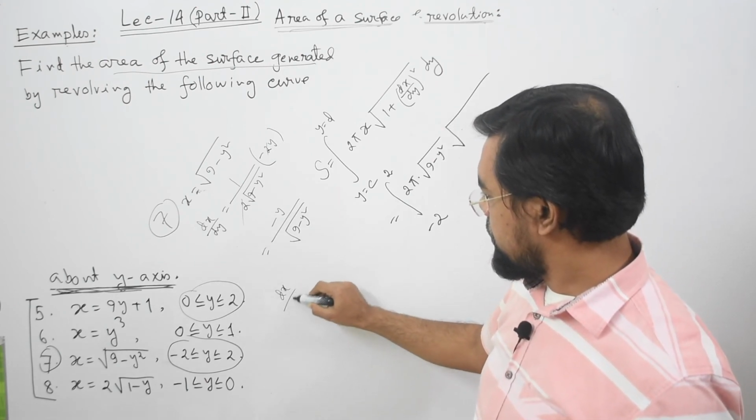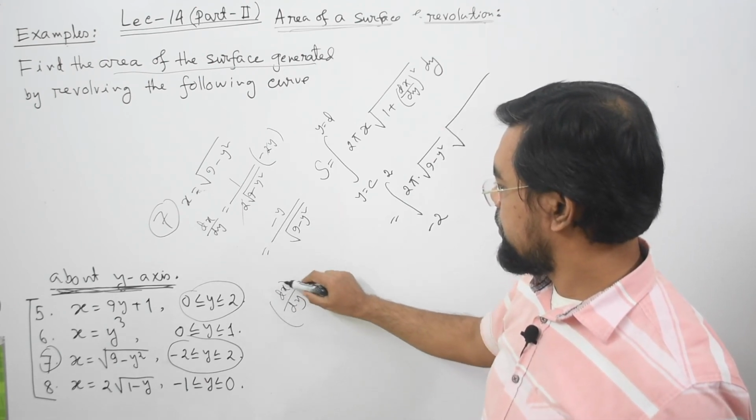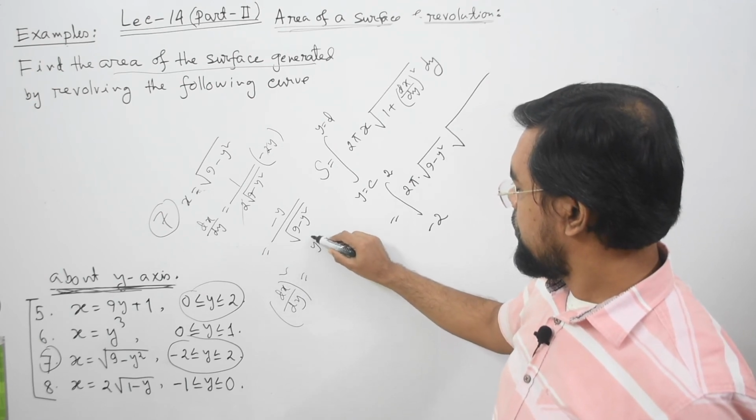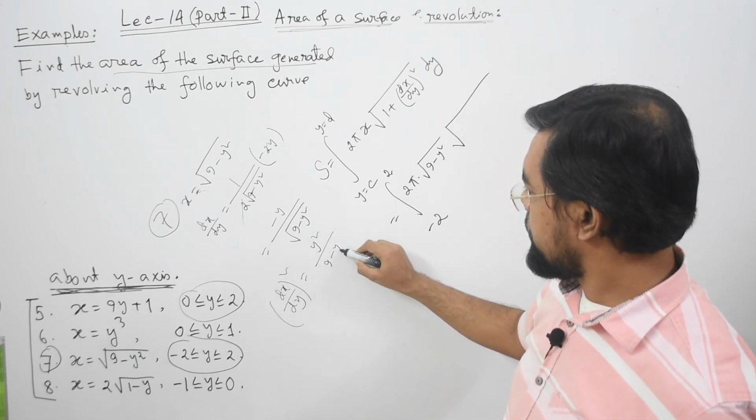So let me square it here, (dx/dy) squared equals y squared by 9 minus y squared.